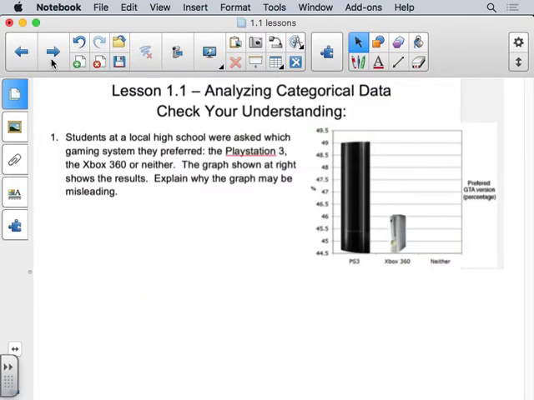Okay. What I want is we're gonna do the check for understanding. I want you to try number 1 and 2 with the table, and then we are gonna take a break. So do number 1, do number 2. So why the graph is misleading, and then give me some percentages there on the bottom. Try that out.